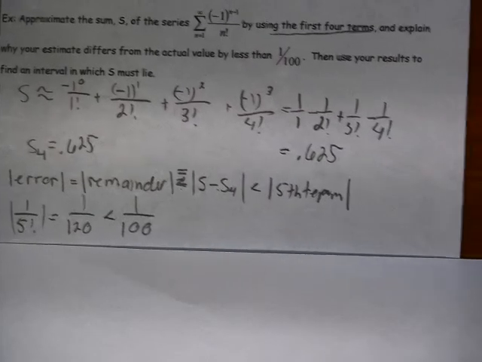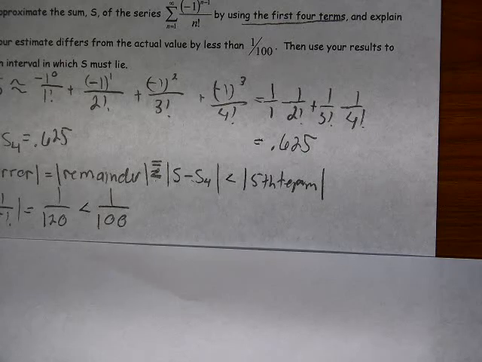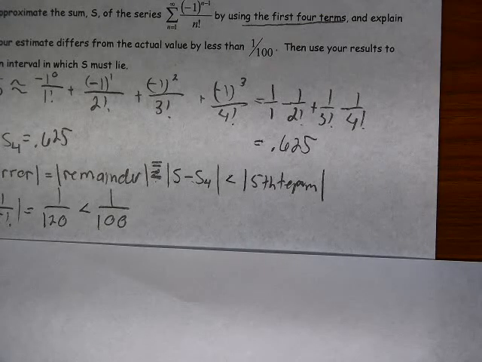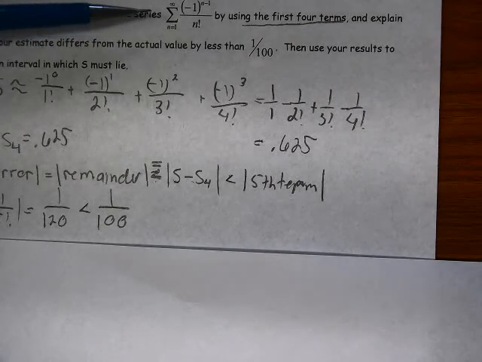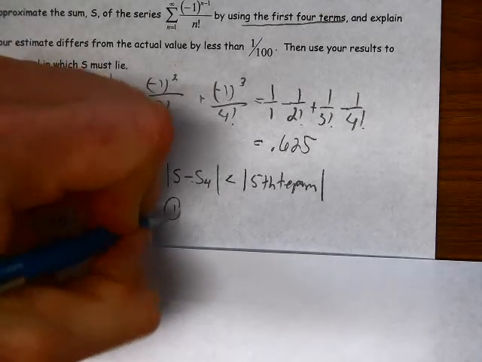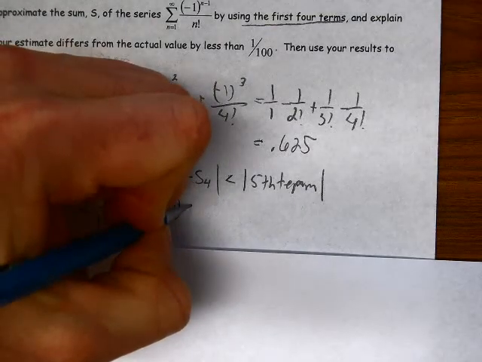Alright, so we're using this alternating series remainder theorem, and we have to justify its use. So this series that we're looking at has to be an alternating series. So we have to justify its use by stating that the terms alternate.